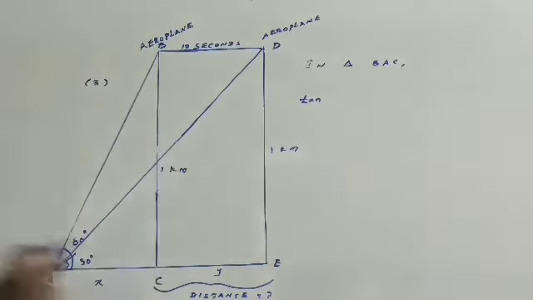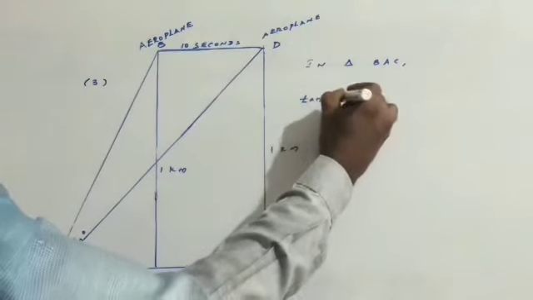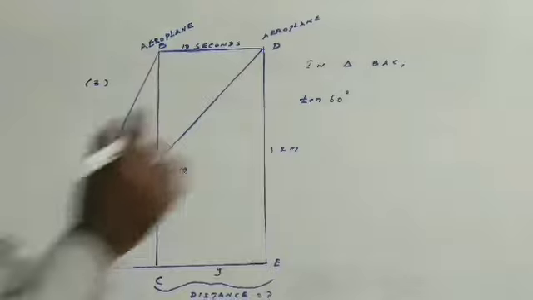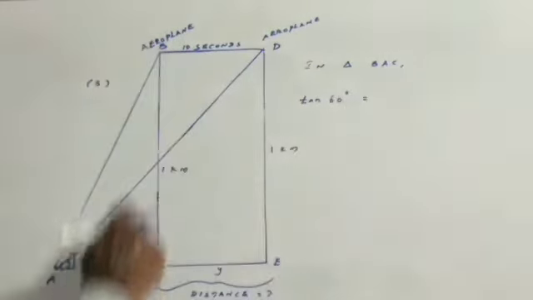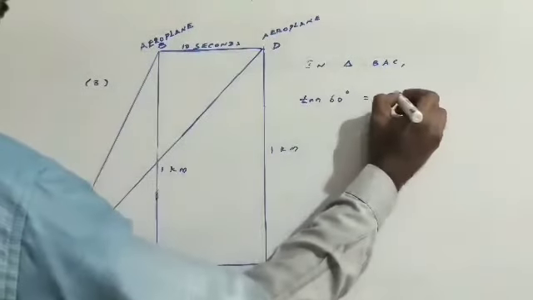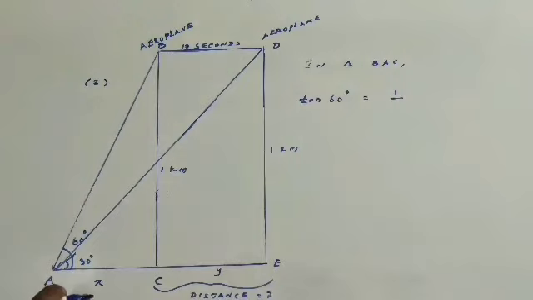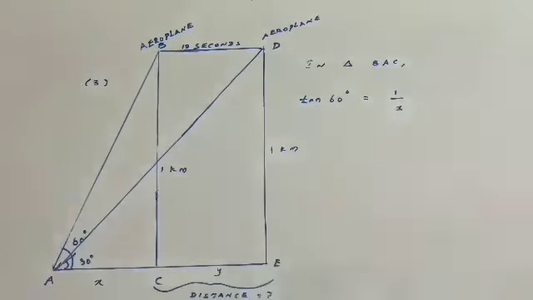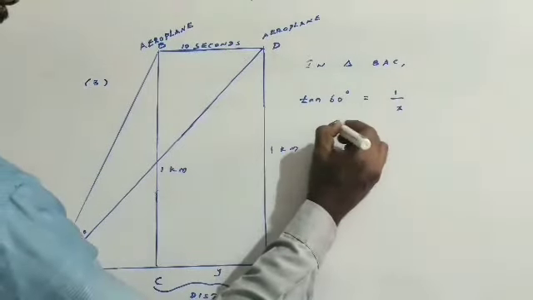From the first triangle BAC, tan 60 degree, because the angle is given as 60 degree, equal to opposite side, that is 1, by adjacent side, that is X. We know that the value of tan 60 is root 3.